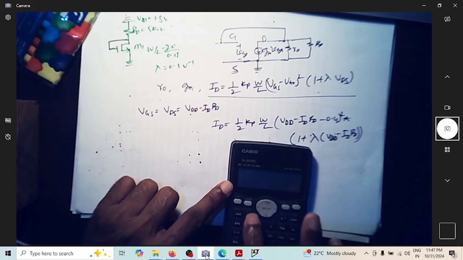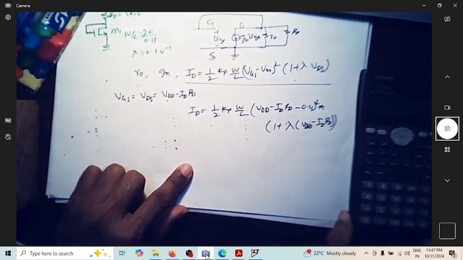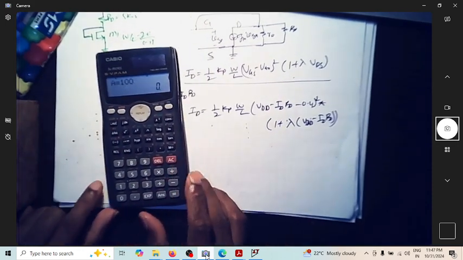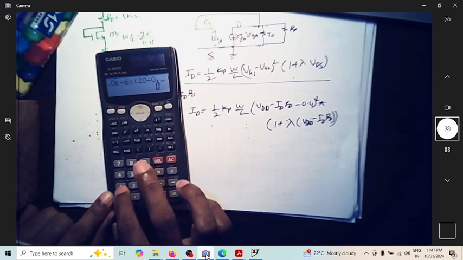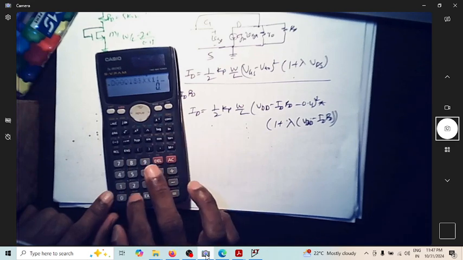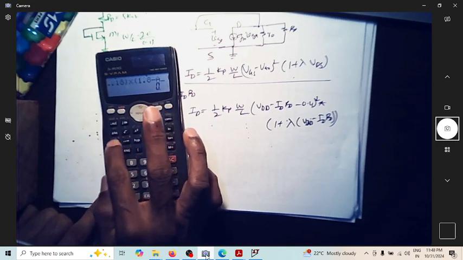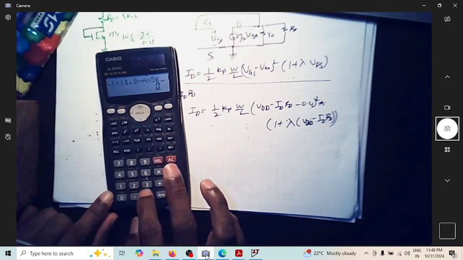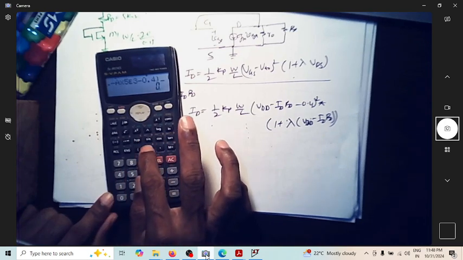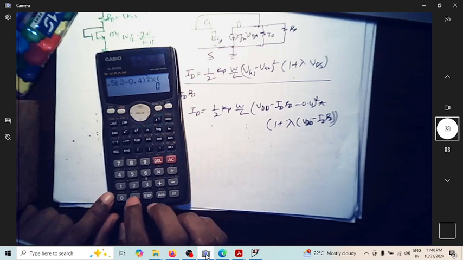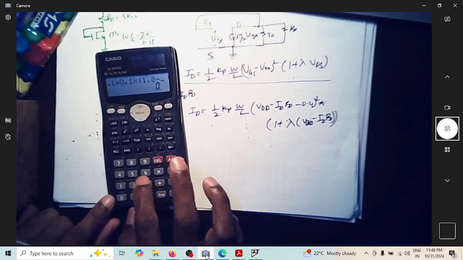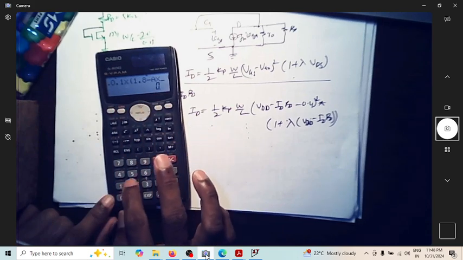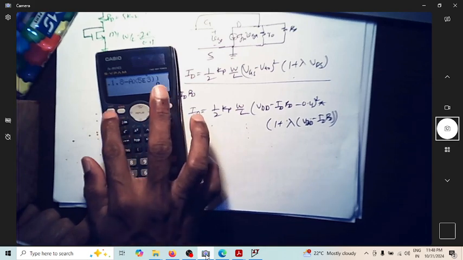So now let ID be alpha A. Of course by this time you are all comfortable with this. 100 exponential minus 6 into W by L is 20 divided by 0.18, close the parenthesis, multiplied by (1.8 minus alpha A into RD, which is 5 exponential 3, minus 0.4), close the parenthesis, square of that, multiplied by 1 plus 0.1 into (1.8 minus alpha A into 5 exponential 3), close, shift solve.